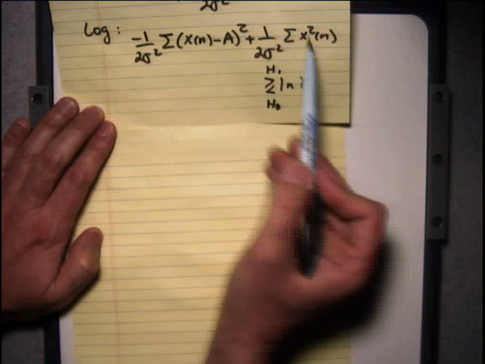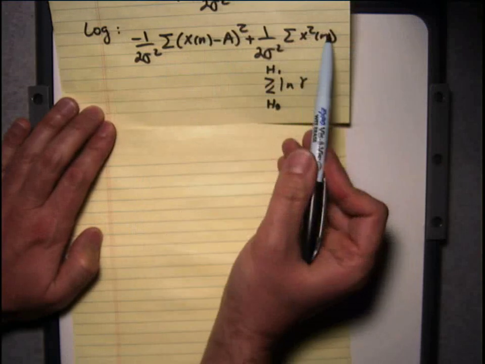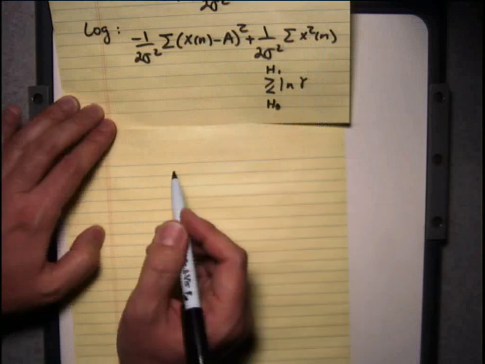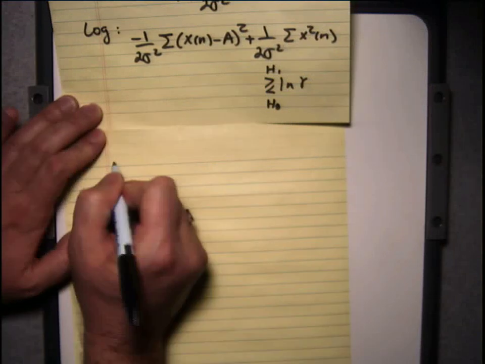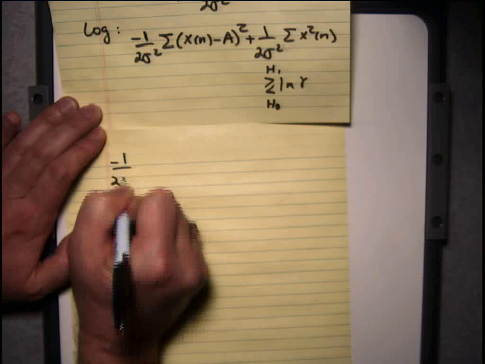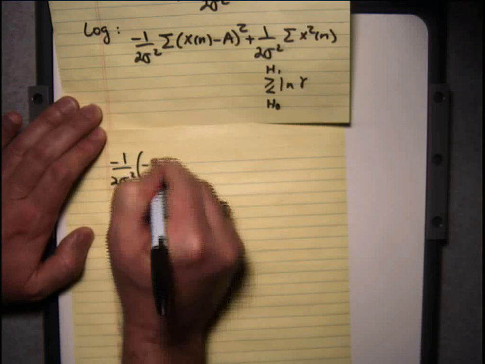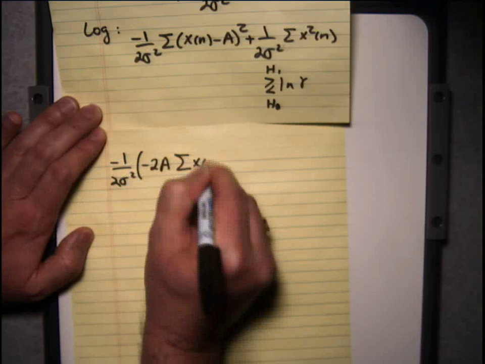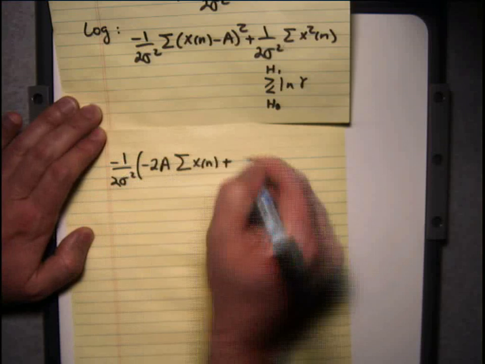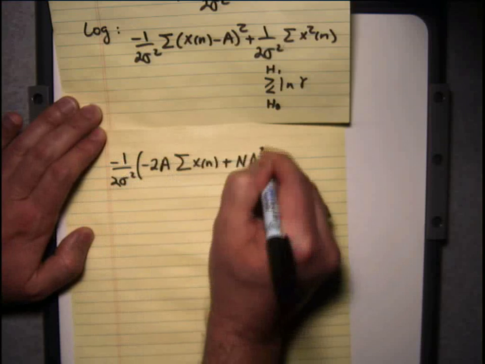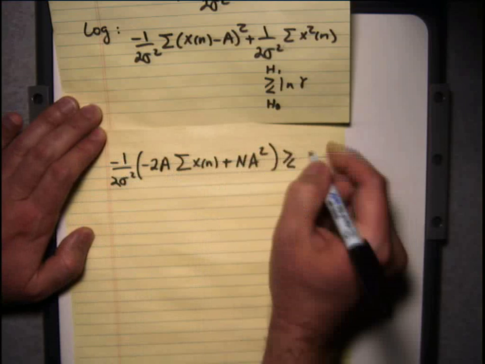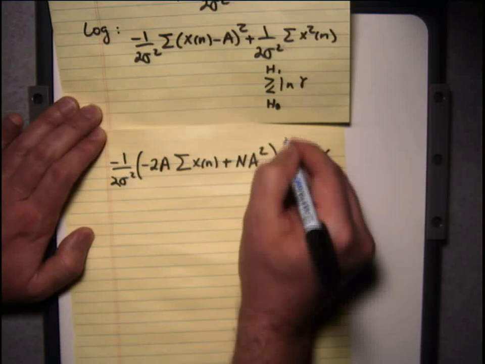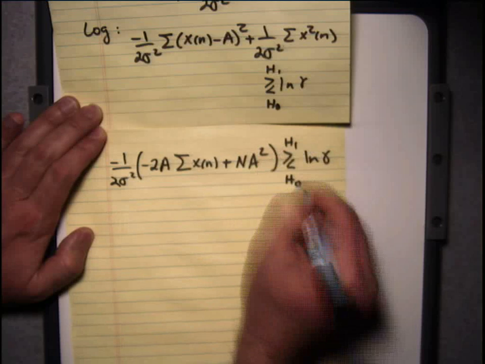And that's going to get rid of this sum of x squared here. All right, so it's going to get really simple. And what you're going to get is minus 1 over 2 sigma squared times (minus 2a sum of x of n plus n a squared). And this is compared to log of gamma, H1, H0. Okay?